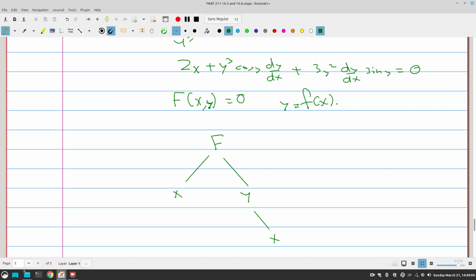So how would you find dy over dx? x is of course just a function of x. Now, what is this equal to?